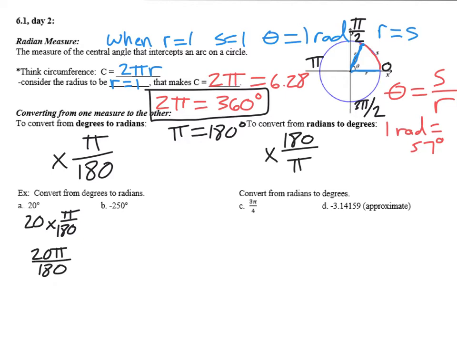That's really because the number of radians in a circle is based off the number pi, because it's all about the radius and the circumference, and pi just shows up. We do expect that we'll reduce the fraction as much as possible. 20 and 180 both have a common factor of 20. So you get pi over 9, okay?